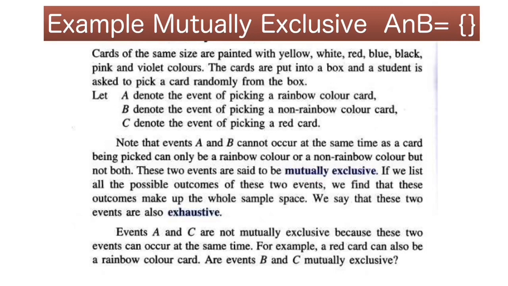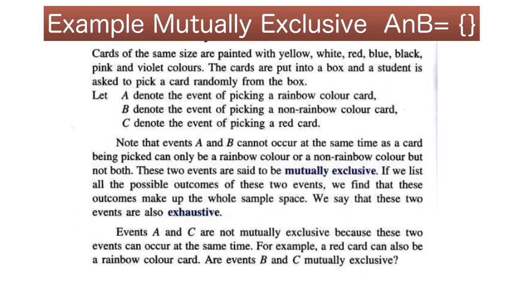The cards are put into a box, and a student is asked to pick a card randomly from the box. A denotes the event of picking a rainbow color card, B denotes the event of picking a non-rainbow color card, and C denotes the event of picking a red card.